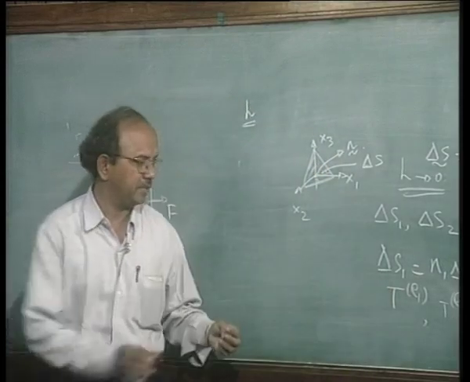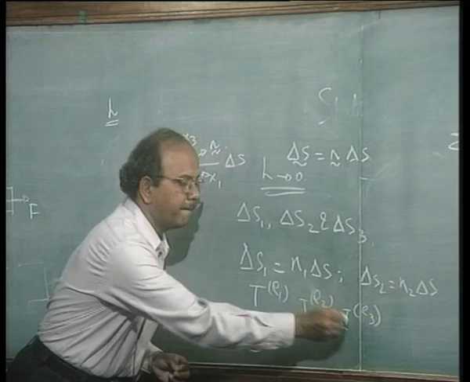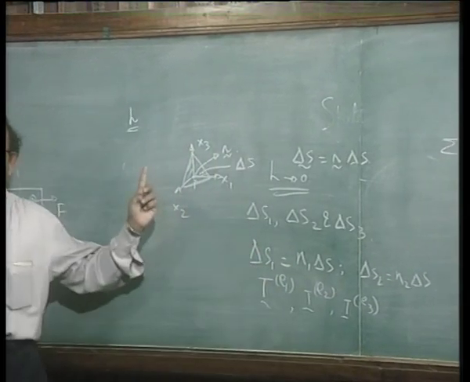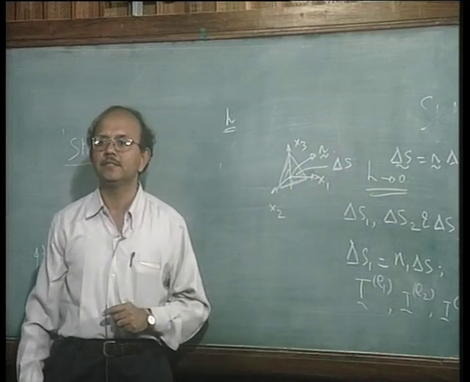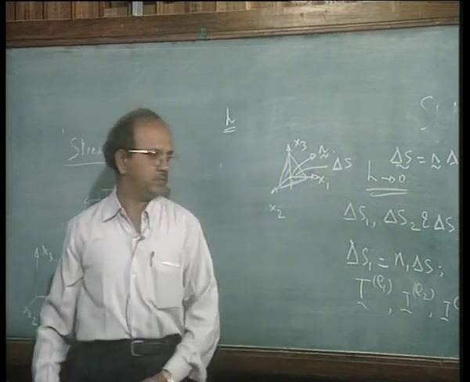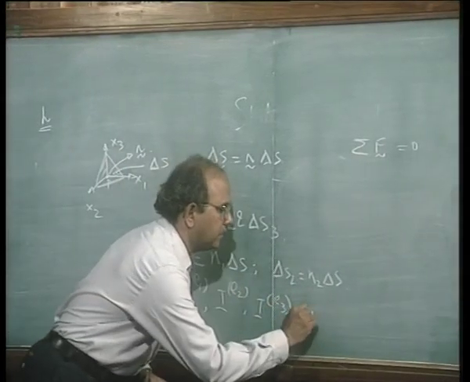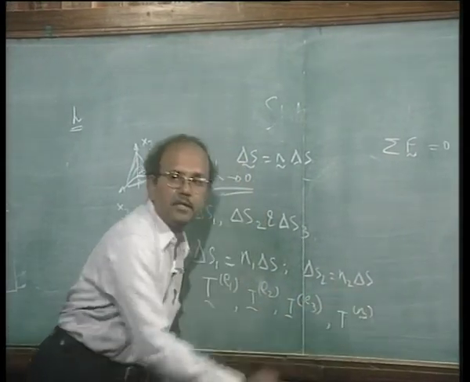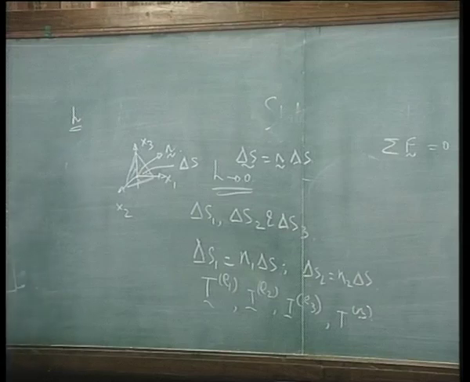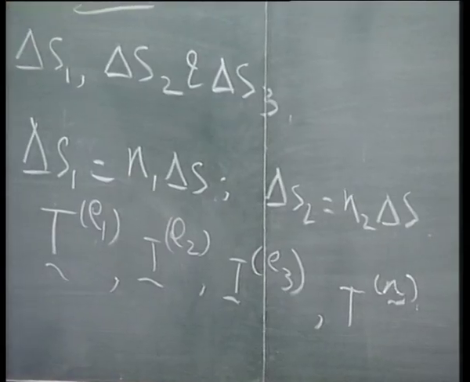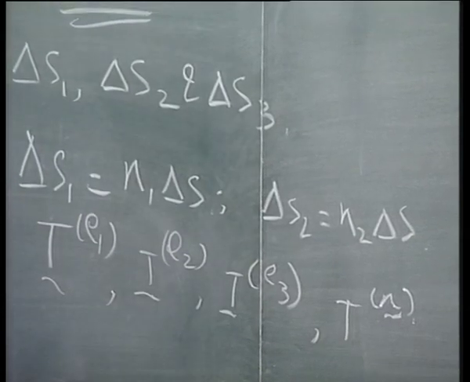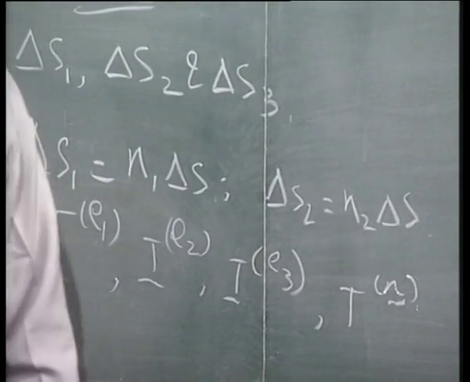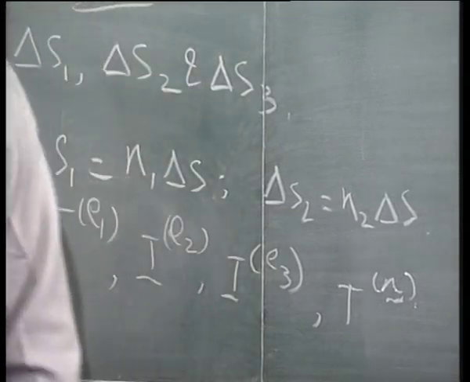Of course they are vectors, I need not say it every time, plus a force that is acting on this plane, which is say Tn. Apart from this there can be one other force. What do you think is the other force that can act apart from these?